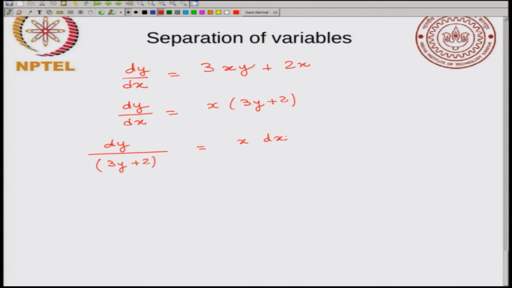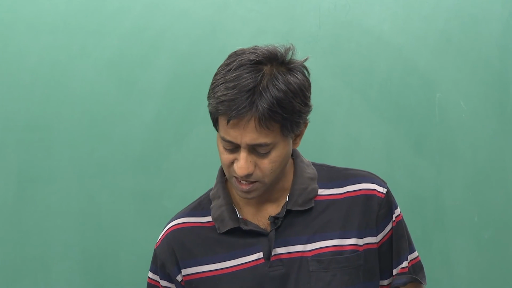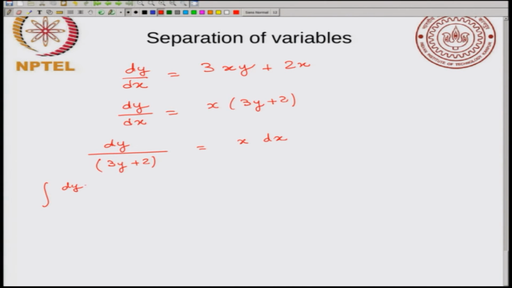Once you do this, you can integrate both sides independently. When you integrate the left hand side, the integral of dy divided by 3y plus 2 is just log of (3y plus 2) divided by 3.